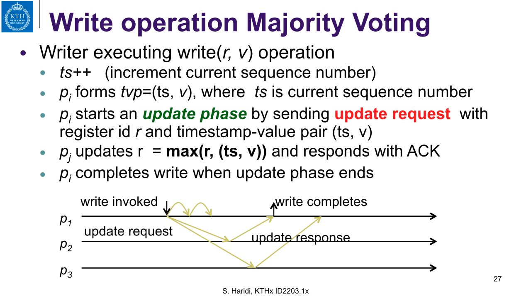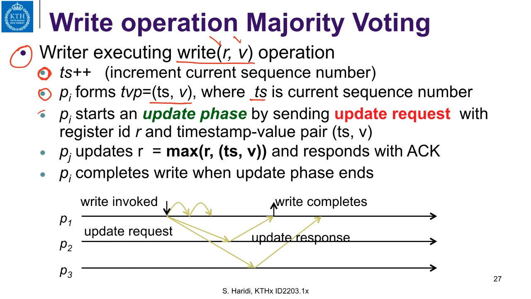So now that we understand what a phase is, let us look at a write operation in the majority voting algorithm. A writer will execute this write operation of register R with the value V. So first, it increments its local counter, that is the sequence number, that is our timestamp. Then Pi, the process that starts the write operation, will form the pair TS and V, where TS is the current sequence number.